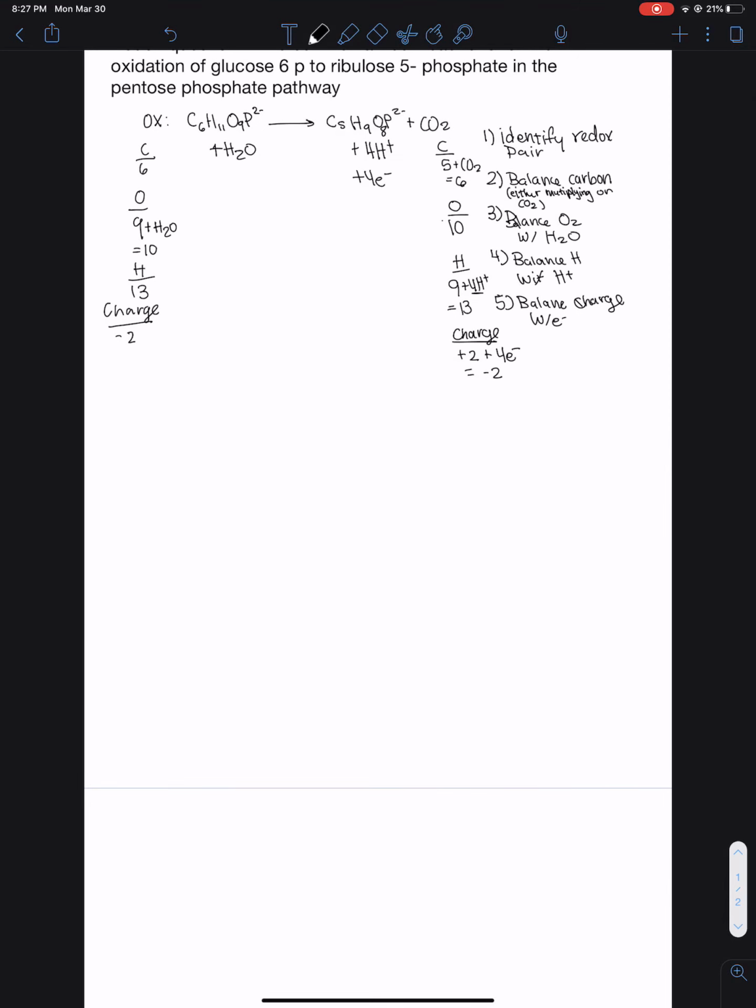And so now, bringing it down, this is my oxidation half cell: plus H2O, C5H9O8P2 minus.